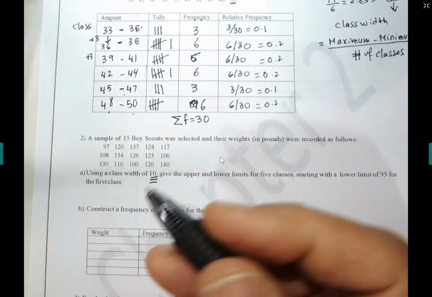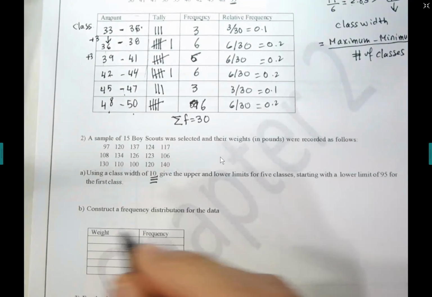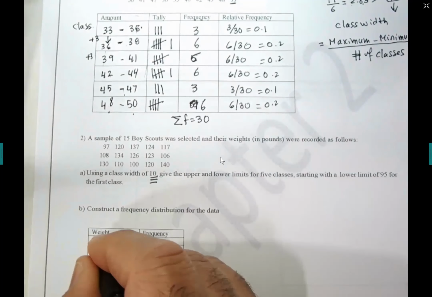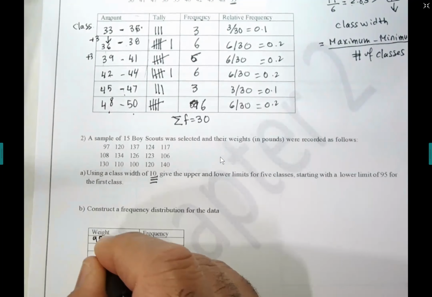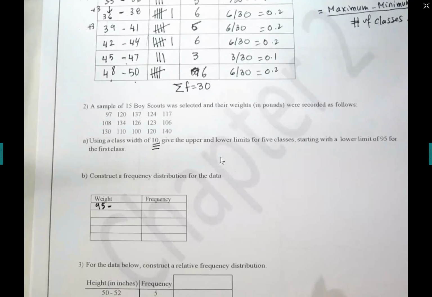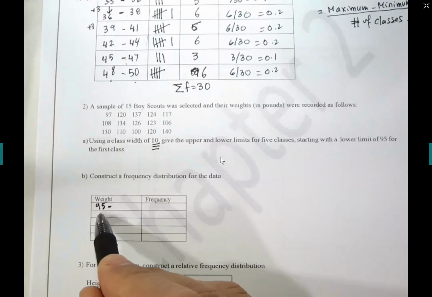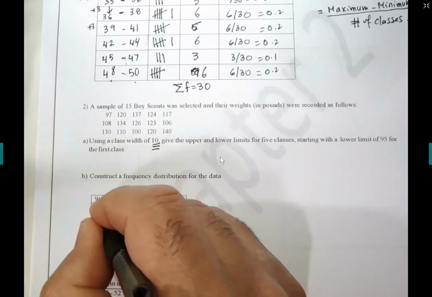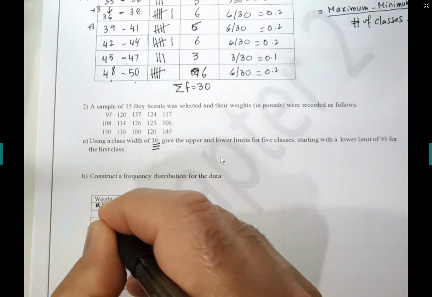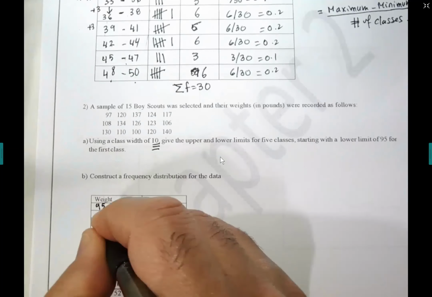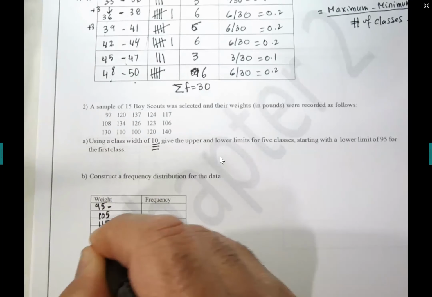So if I start with 95, right here, can you tell me what would be the number next right there? He says use a class width of 10, so 105, exactly, and then 115, 125, 135.